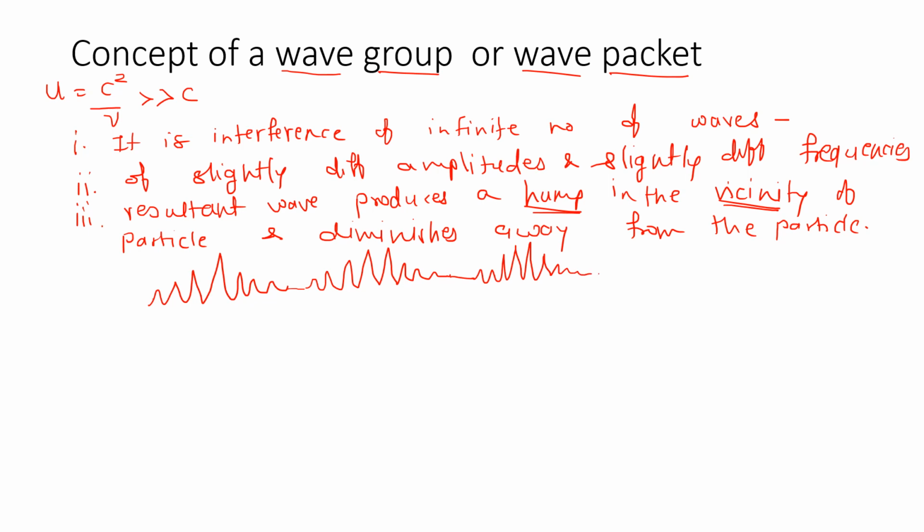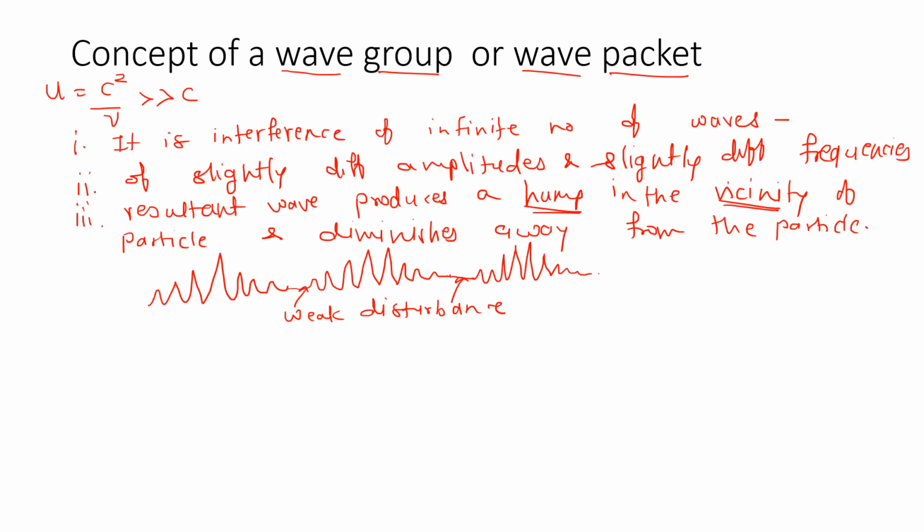What is this? It is called a weak disturbance. This is a region between the two wave groups. So these are the two wave groups, and this is a region of weak disturbance between two wave packets.